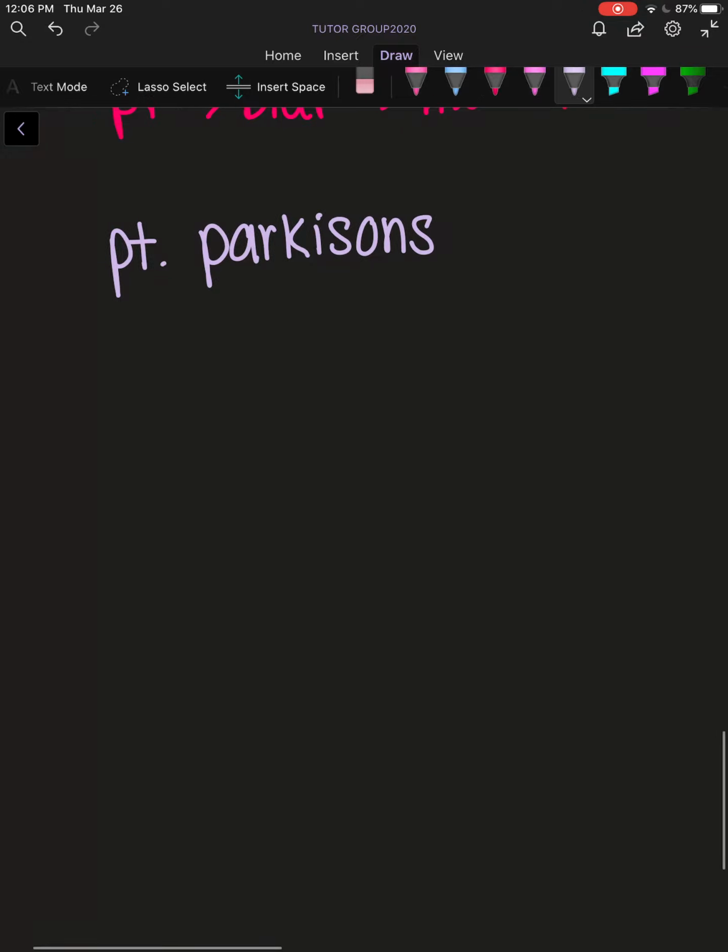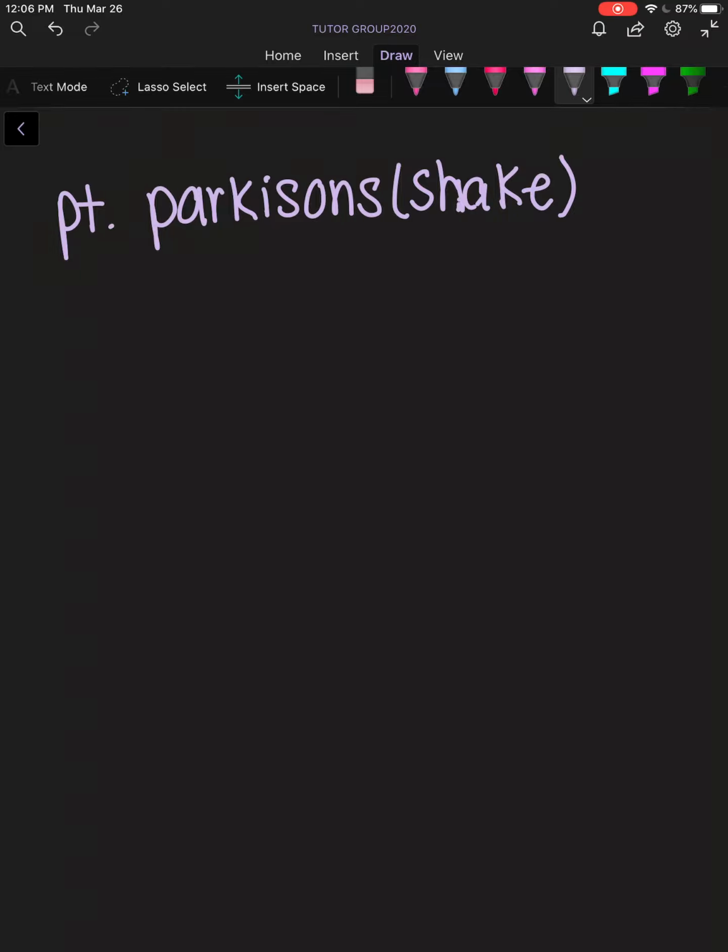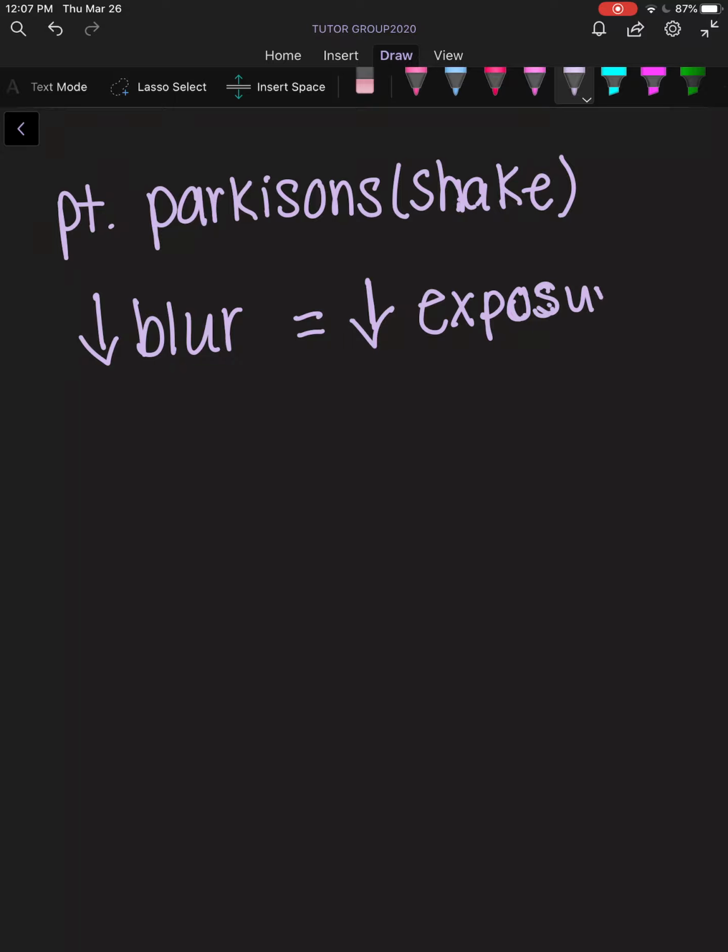So if a patient comes in and has Parkinson's, and that is a shake, the higher our exposure time is, the more we're allowing that patient to have that shake and cause blur in our image. And we do not want that. We want the least amount of blur. So to get the least amount of blur, we are going to minimize our exposure time.